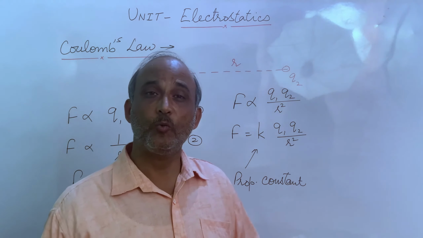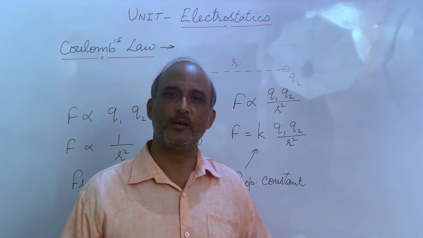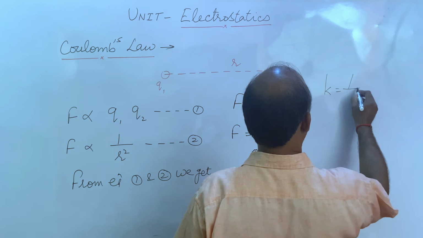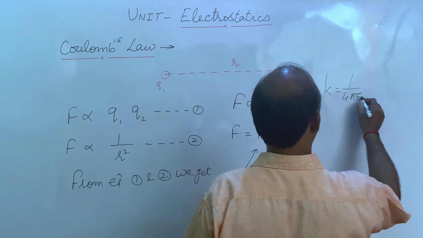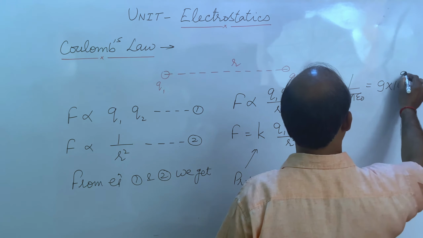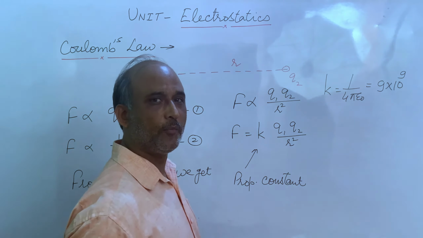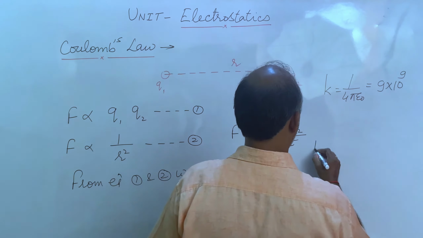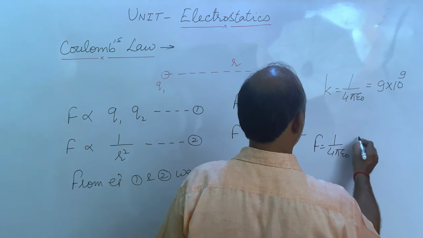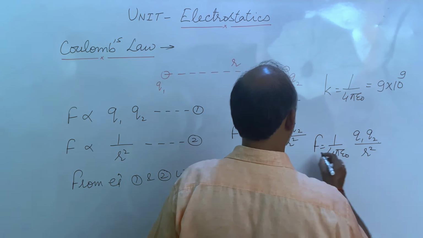In SI units, when the charges are taken in coulomb and distance is taken in meter, the value of K, 1 upon 4 pi epsilon naught, is equal to 9 into 10 raised to power 9. So the formula will be F is equal to 1 upon 4 pi epsilon naught Q1 Q2 upon r square.